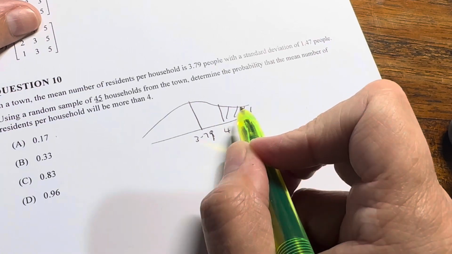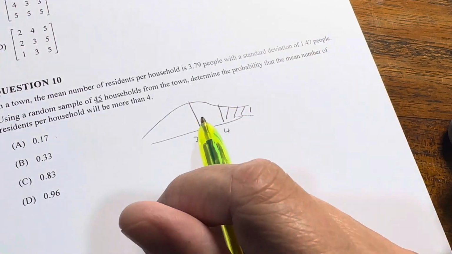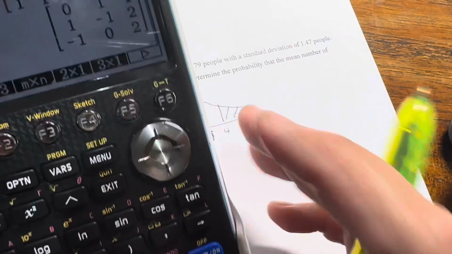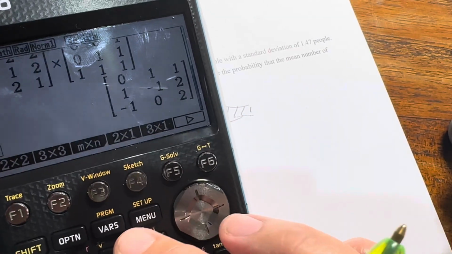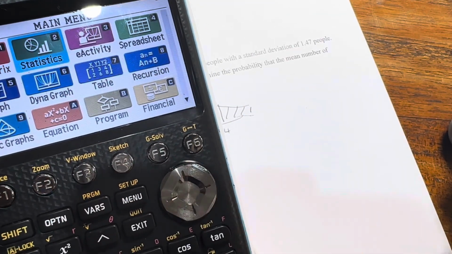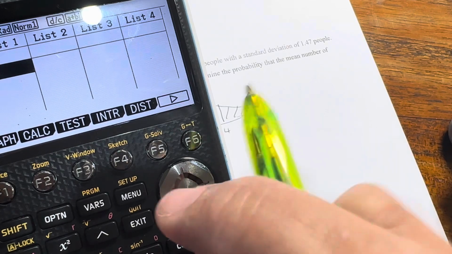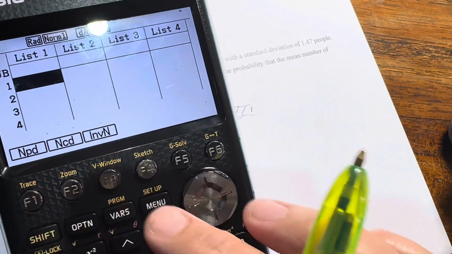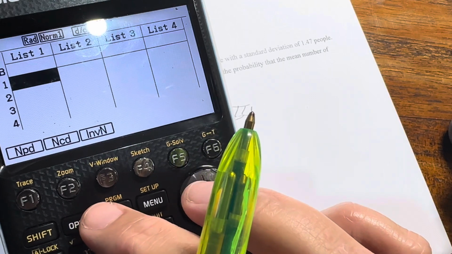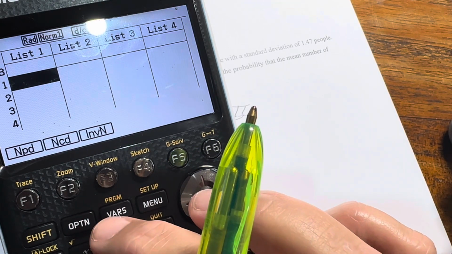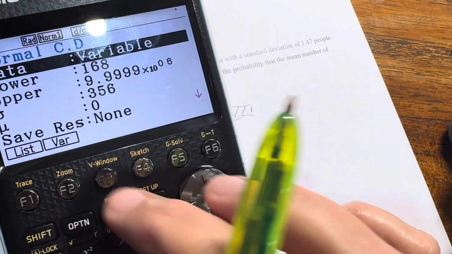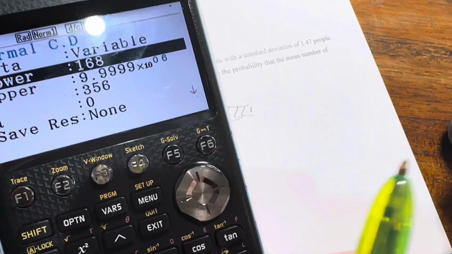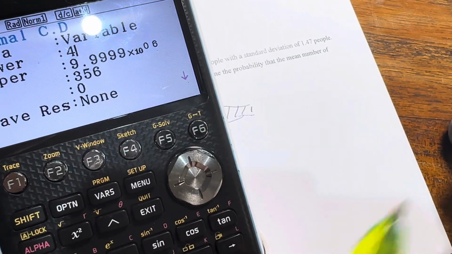That's what we're after. So we're going to go to stats. In my calculator, I'm going to take it to stats mode. I've got a distribution, it's going to be normal CD. My lower is going to be 4.